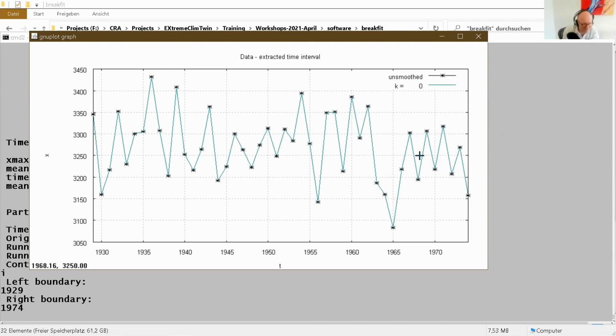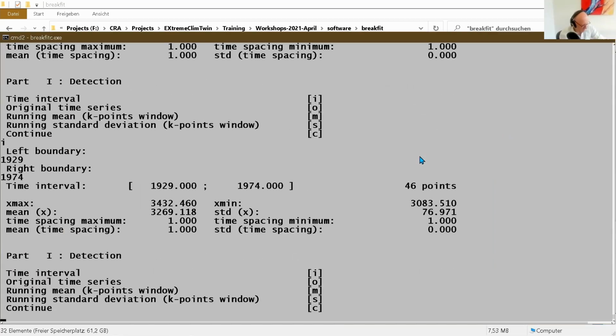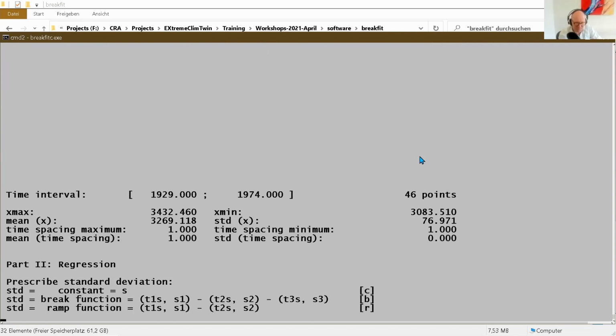This is what I would expect if I look at the data and also at the preceding result. So I use again a full search over the full interval and using OLS. I press Z to continue.